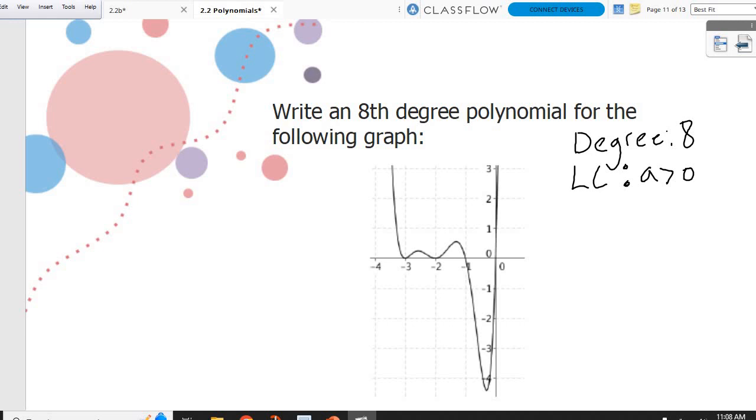Then what was the next thing that we talked about? Finding zeros. Okay, so again, we're working our way backwards this time. So from a graph, what are our zeros on the graph? What x values? We got lots of x values. I have lots of points and coordinates on that graph.